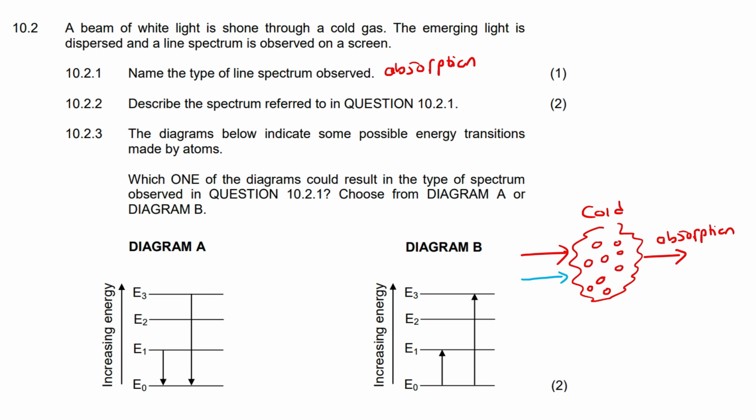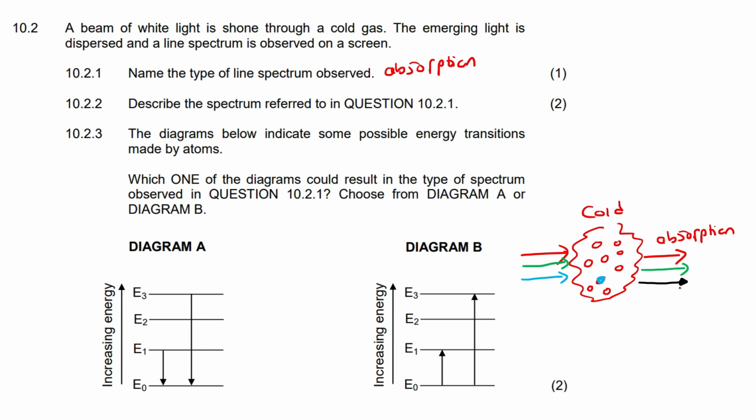Okay? And then it says, describe the spectrum from 10.2.1. Well, what you would see, remember you would have other colors. So maybe we would also have some green, and let's say the green didn't get absorbed, so we would see it over there. What would we see in the place of the blue? Well, because the blue was absorbed somewhere by one of these electrons, maybe the blue was used up by this one. Then in the place of blue, you're actually going to see no color. And remember, no color is black.